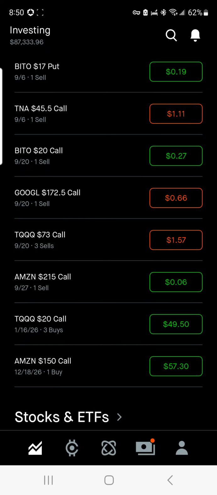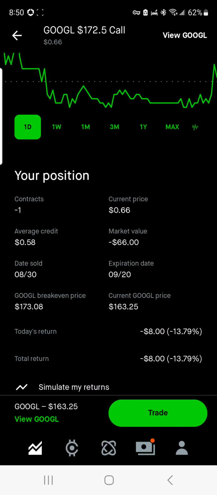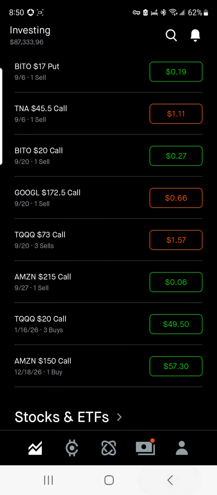Unfortunately, I had to go a few weeks out, just for a little bit of credit, $58 in credit for a 172 call. I chose the 172 strike because my cost basis is not even 170, because I had a $180 loss. My cost basis is really like 171.8. So that's why I sold the 172 call.